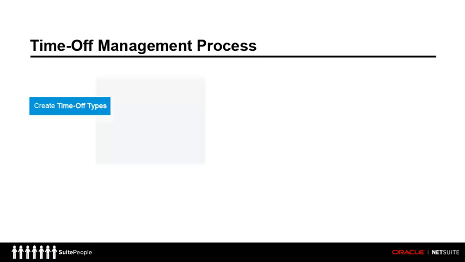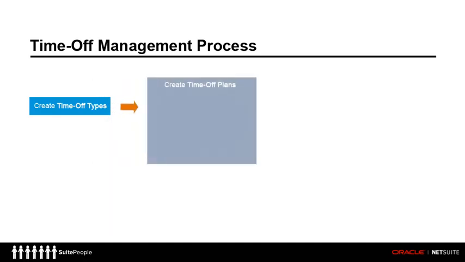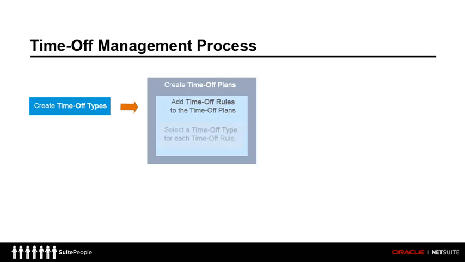The second step is to create the time off plans. The third step is to add time off rules to the time off plans. Time off rules reflect your company's time off policies. They define how to handle time off eligibility, entitlements, accruals, and carryover during an employee's tenure with the company. Then, time off rules need to be associated with the time off type.